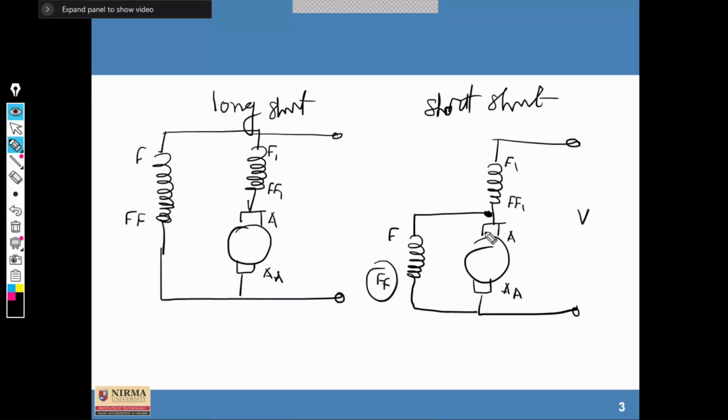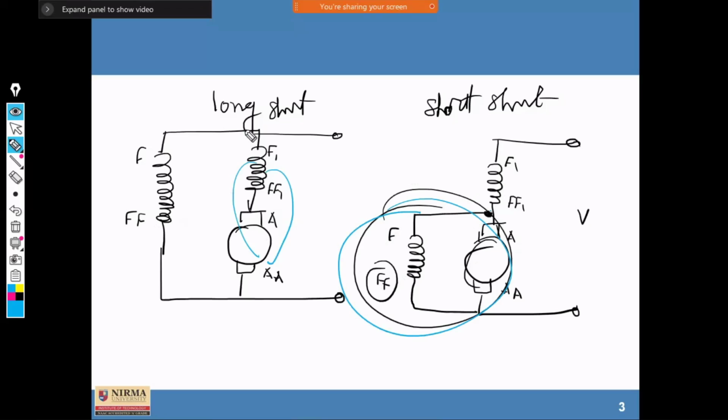Now you can consider this portion as a shunt motor. This whole shunt characteristic is again connected with the series field winding. Your combination of series field winding and armature winding is again connected with the field winding. It is a long shunt winding and this is a short shunt winding.